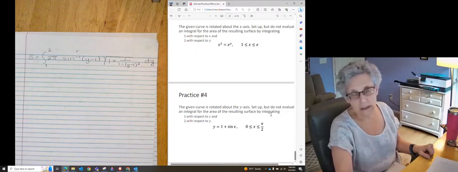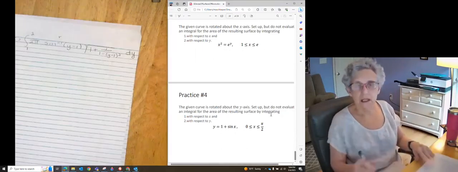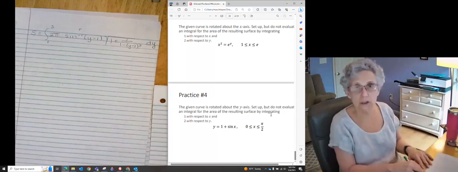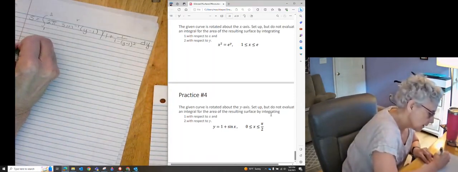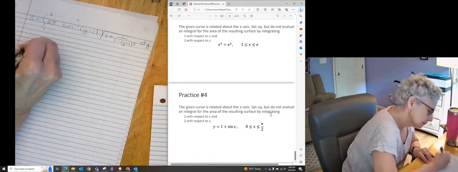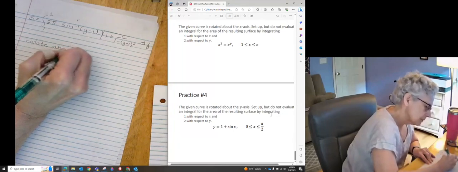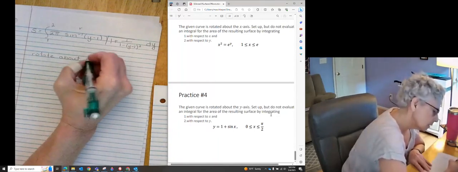So you can do these things. Just remember, do whatever is easiest. Even if you don't know exactly what your line looks like, if you're revolving around the y-axis, there, I'm going to write something else on this paper just so it's not just that one line.